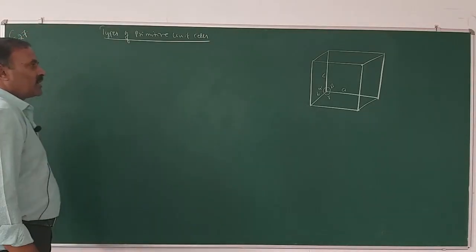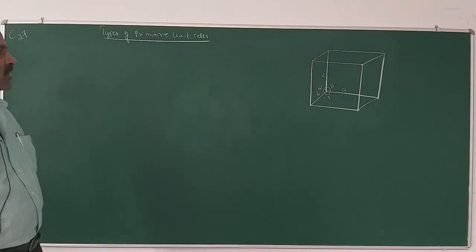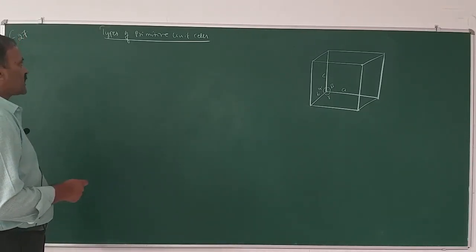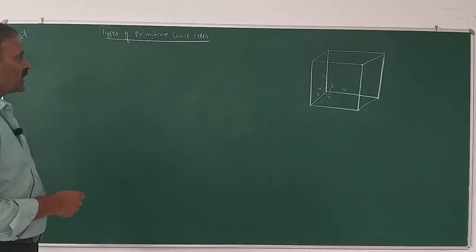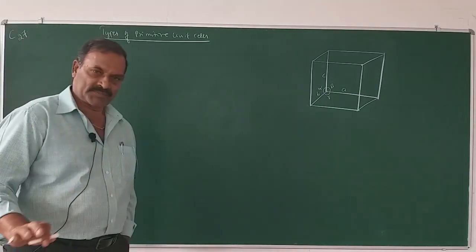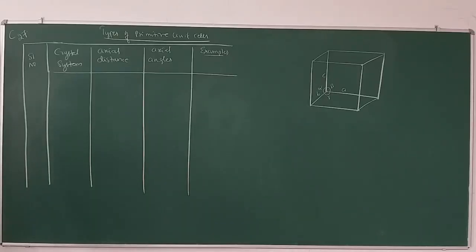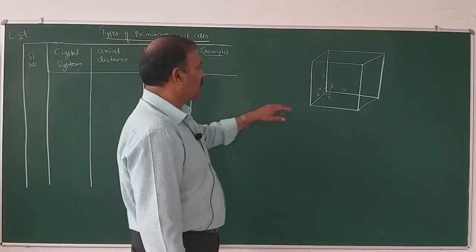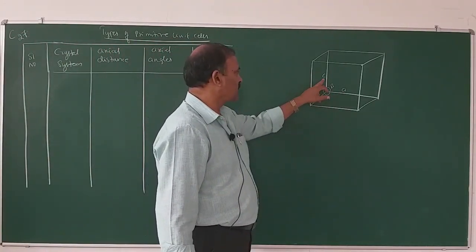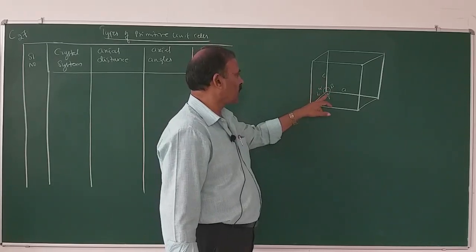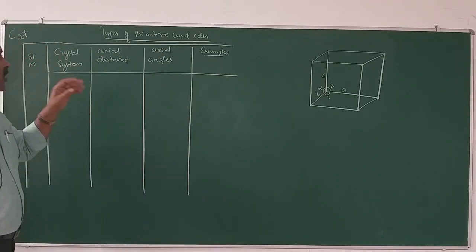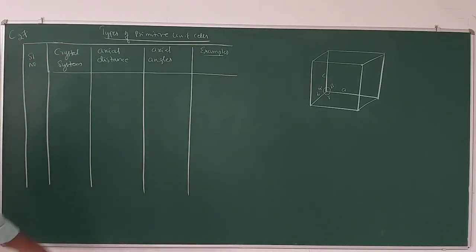Those 7 types of primitive unit cells are called 7 crystal systems. The 7 crystal systems are listed in the following table. Depending upon the axial distances A, B, C and axial angles alpha, beta and gamma, primitive unit cells are of the following 7 types.